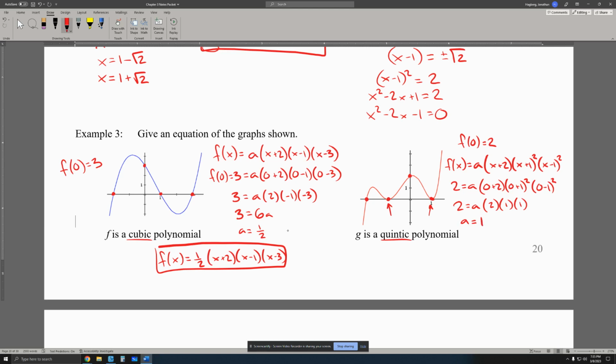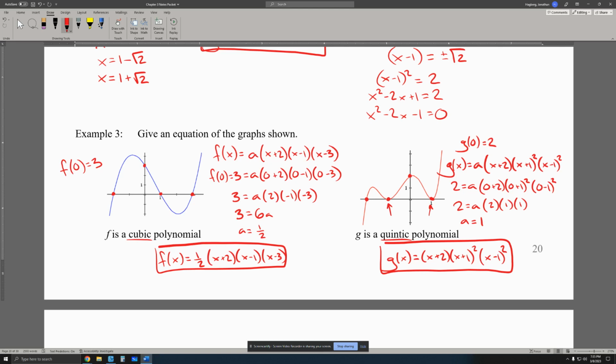So that tells us that our vertical stretch, there is none. So then, oops, I've been writing f. This is the function g. So I'm just going to change that real quick. So g of x, there we go. So then g of x is equal to 1, which we could write or we could choose not to, times the quantity x plus 2 times the quantity x plus 1 squared times the quantity x minus 1 squared. And this is our equation for g.